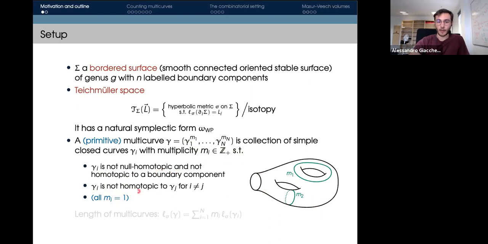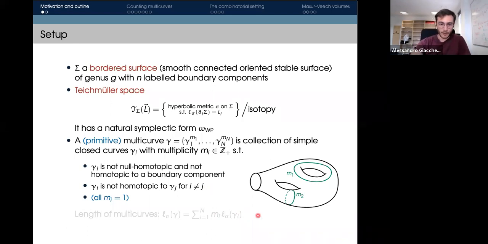And I also consider them to be pairwise not homotopic. And I call a multicurve primitive if all the multiplicities are 1. So you can think of a multicurve as something like this on your surface.